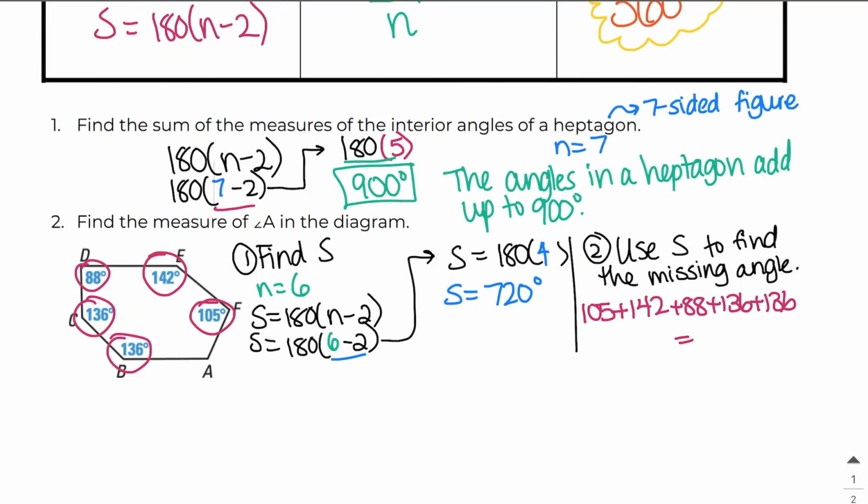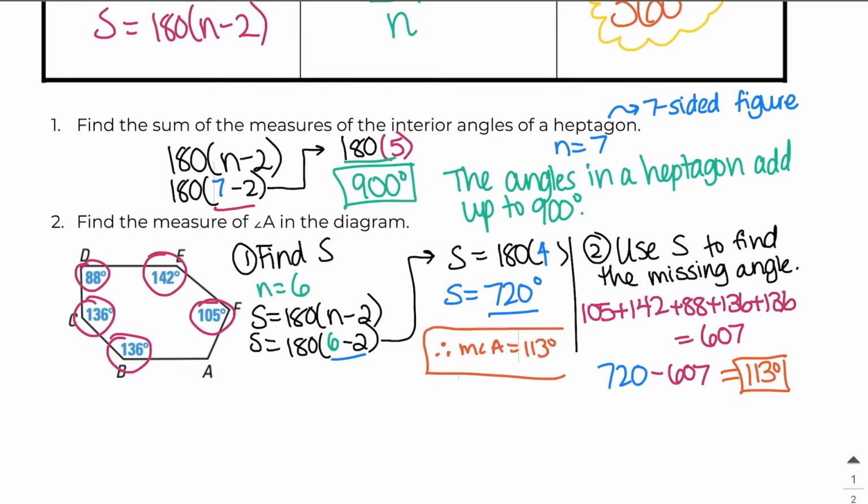When I add up all of those numbers together, I get 607. Now, I know that the angles will all add up to 720, so I can take 720 and subtract the angles I do know from that 720 to find out my missing angle, which would be 113 degrees. So therefore, the measure of angle A equals 113 degrees.